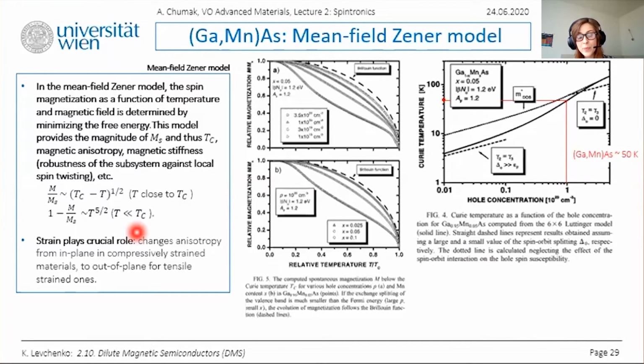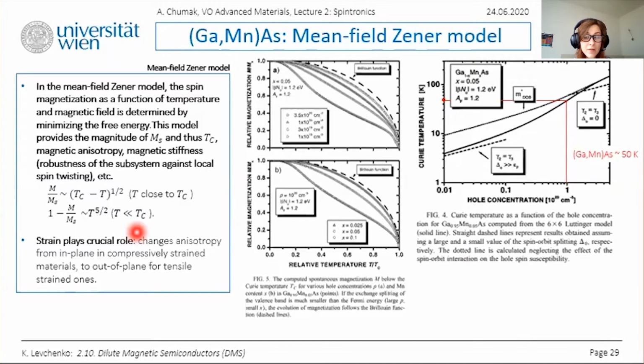Also, the ratio of the valence band exchange splitting to the Fermi energy and the magnitude of the spontaneous magnetization, which depends on the temperature, determine the degree of occupation of the particular hole subband, heavy hole or light hole. We have the strain-induced anisotropy.